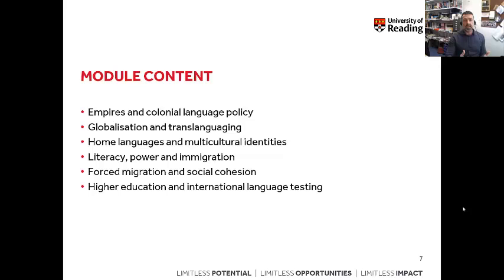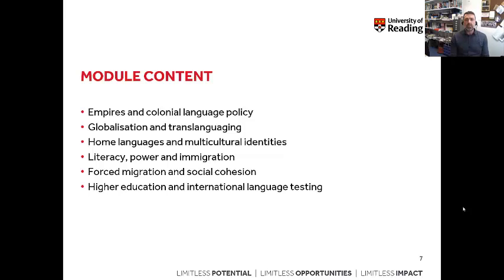We also take a very contemporary view by looking at globalization, and we try to link that to modern and contemporary interpretations of multilingualism. So we look at code switching and code mixing, but we also look at translanguaging and emerging research discussions and debates that are happening within social linguistics today that are very much related to migration.